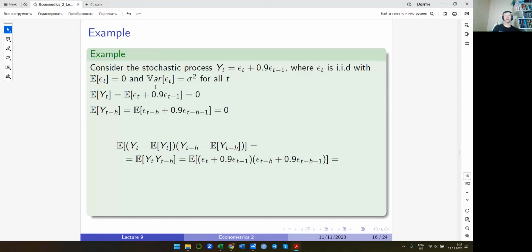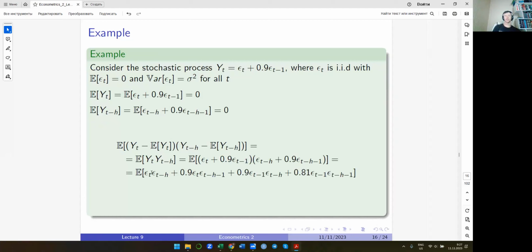Okay, so we plug the expressions for y_t here and for y_{t-h} here. So look, just an index changes. The whole construction is the same, but at the t minus h moment, epsilon is epsilon_{t-h}. So opening the brackets, we have the following thing.